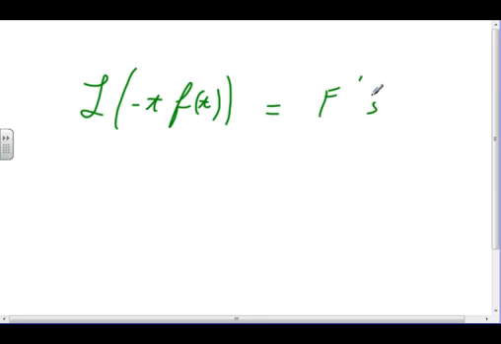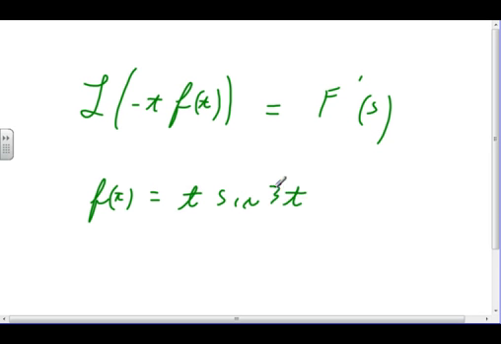From the formula. All right, so I'm looking at page 299. And page 299 says the Laplace transform of minus t f of t is equal to f prime of s. And we're given a function in our problem that says f of t is t sine 3t.